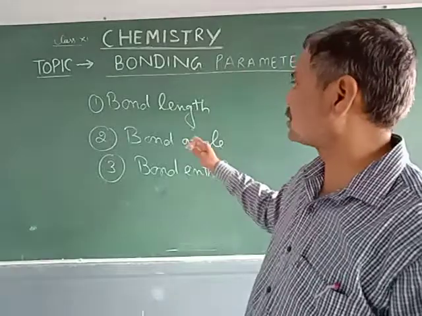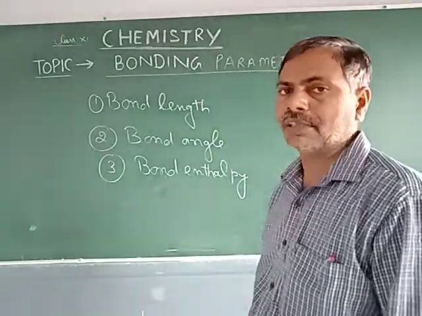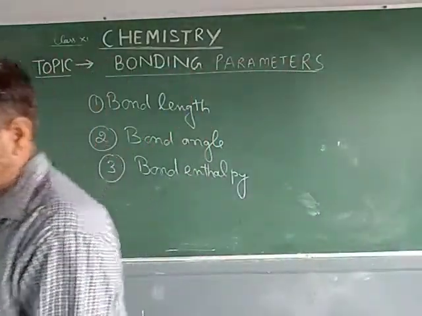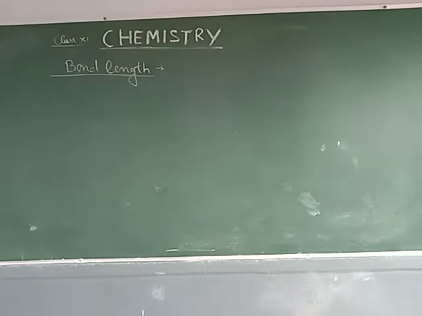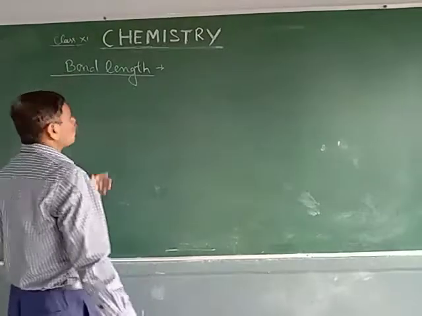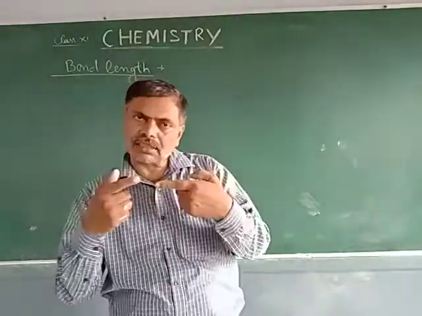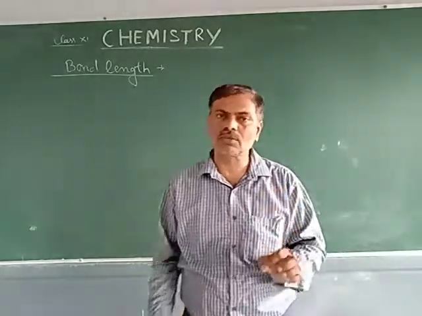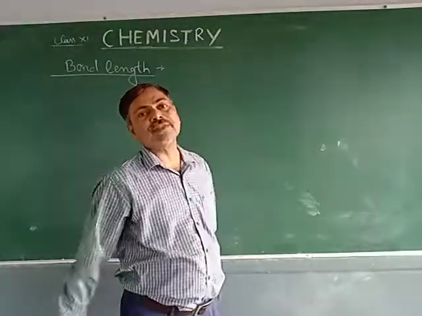Now we will discuss each and every parameter one by one. First is bond length. What is bond length? In a molecule, two atoms are bonded. You can say the average distance between the two nuclei.